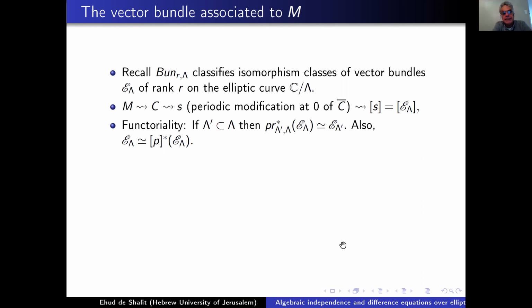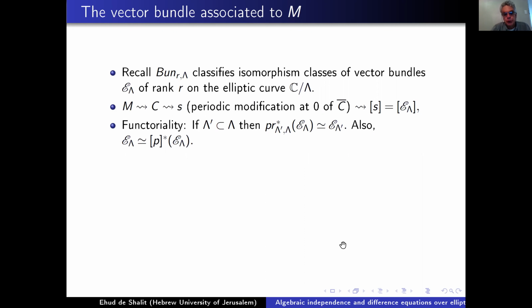So to recapitulate, we started with M, we associated to it a matrix C that was well defined up to left multiplication by a matrix of elliptic functions, and you modified it at 0, you got s, and now we can associate to s a vector bundle E_lambda. And because you have these functional equations, or behind the scene, or if you want, because of the structure of this gamma difference module, you get functoriality.